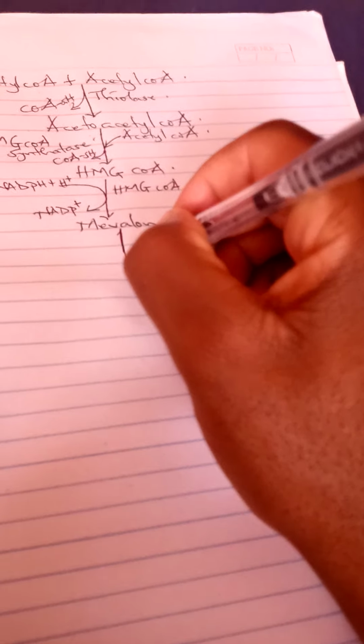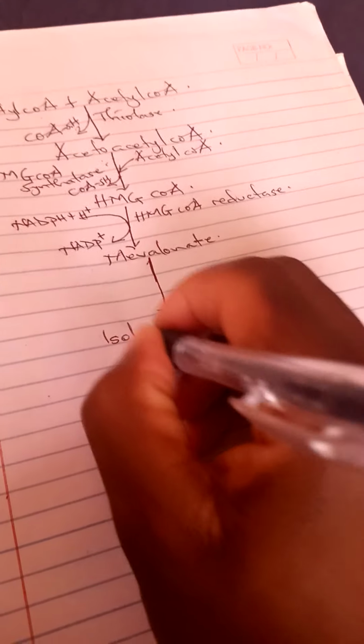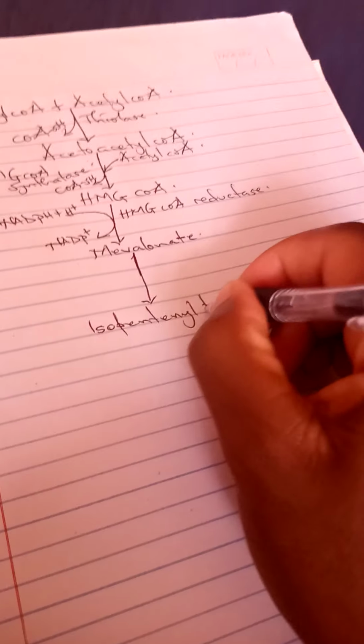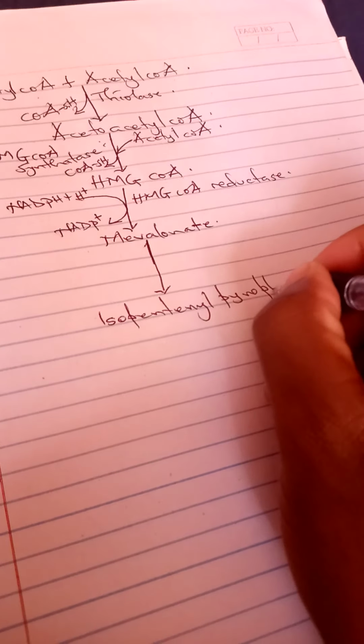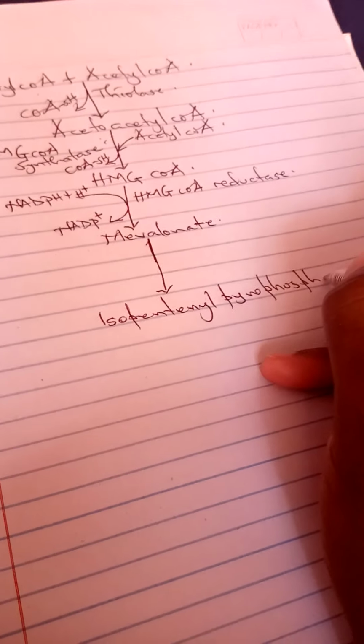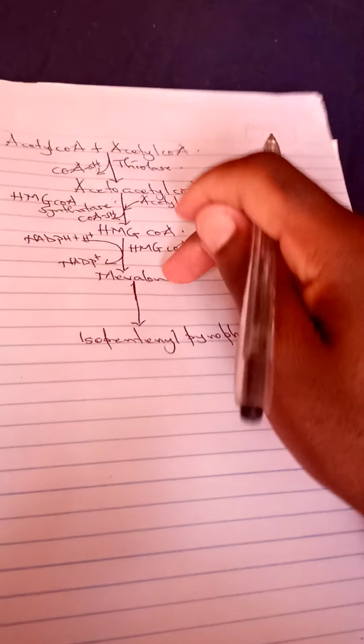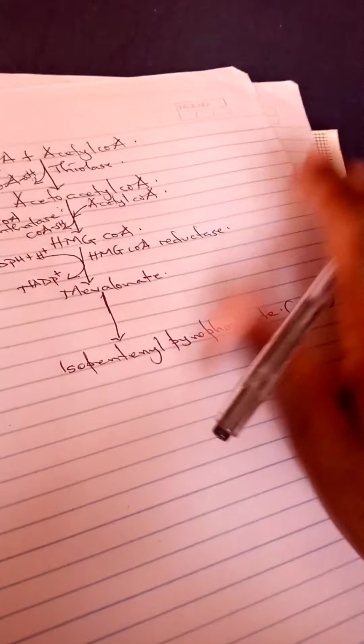So the way I do it, I will move directly from mevalonate to isopentenyl pyrophosphate. We come to this molecule, abbreviated as IPP. From mevalonate to isopentenyl pyrophosphate, what will occur?